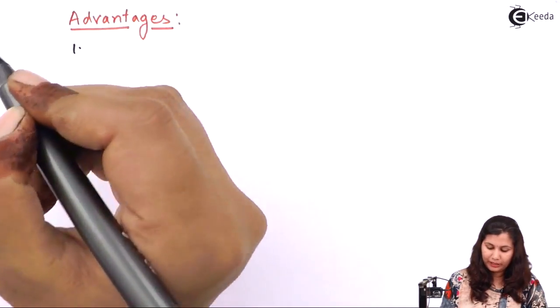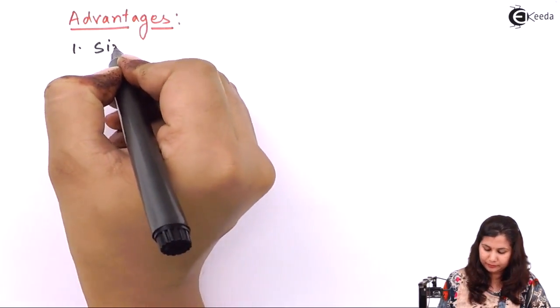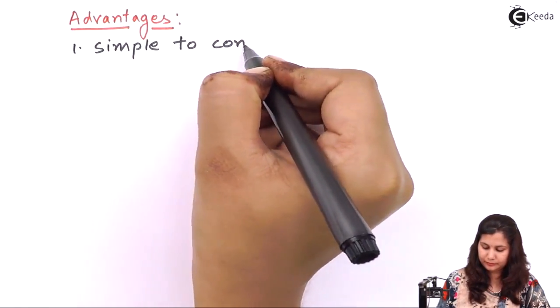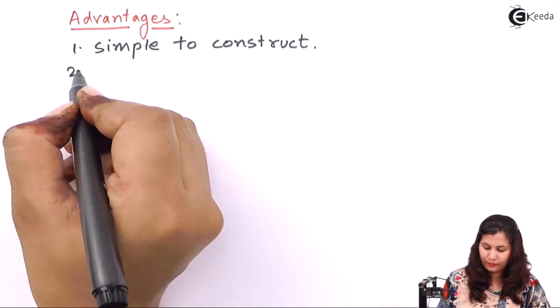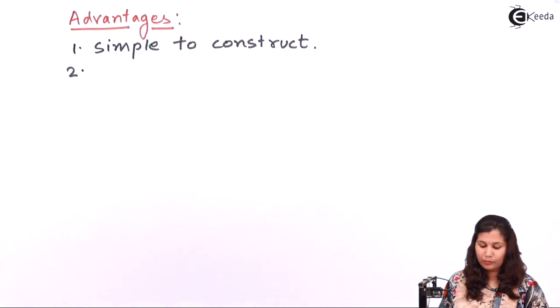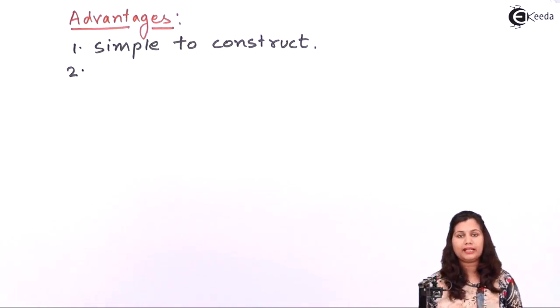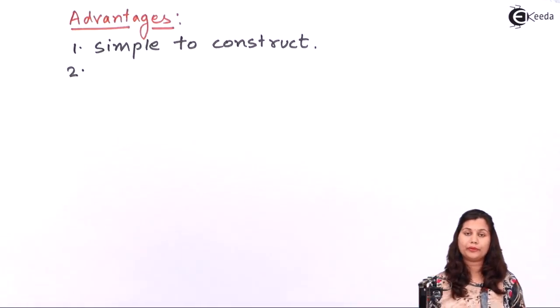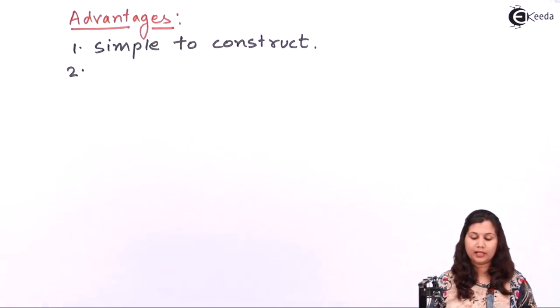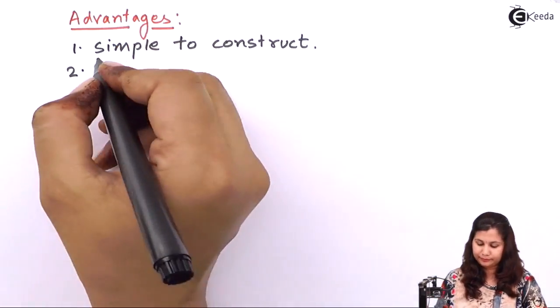The first advantage is that block diagrams are very simple to construct. The second advantage is that the function of the individual elements or components of a control system is easily visualized in a block diagram.